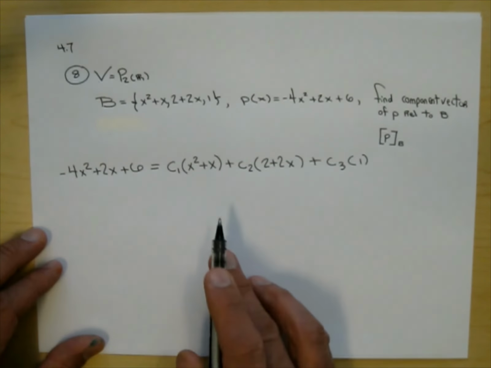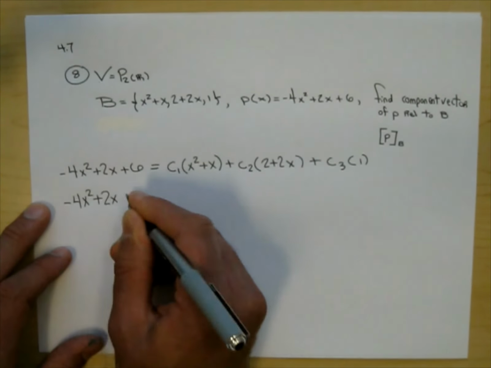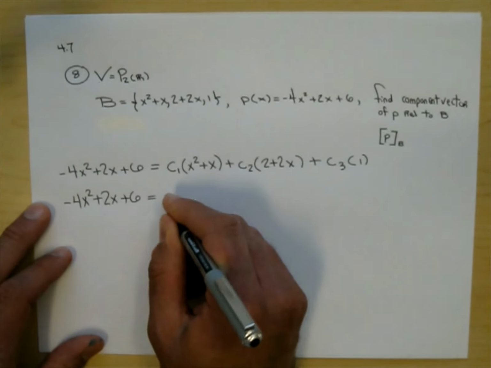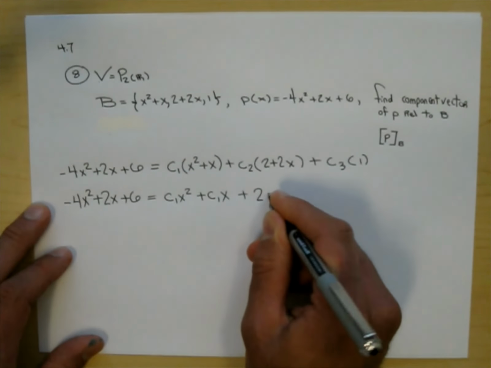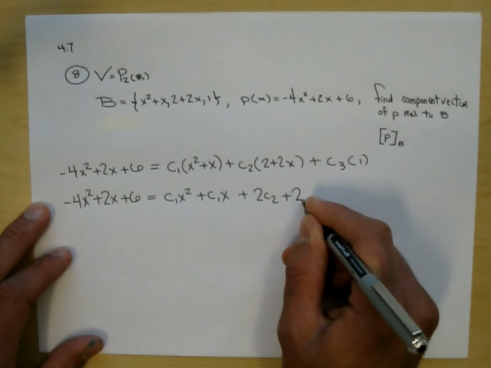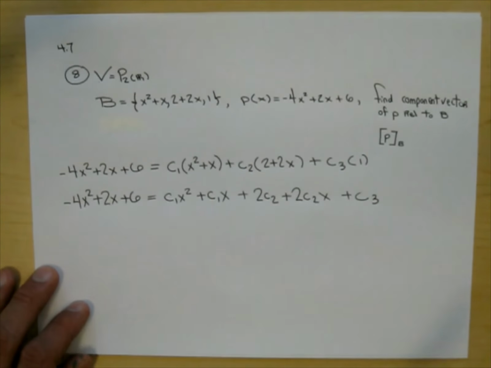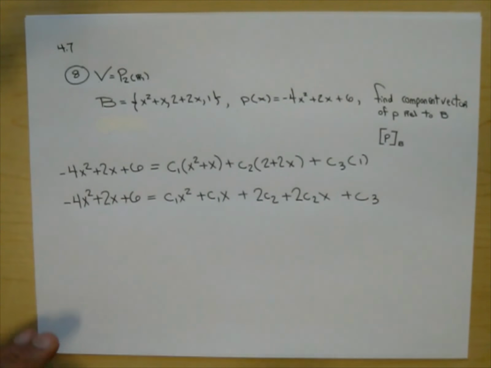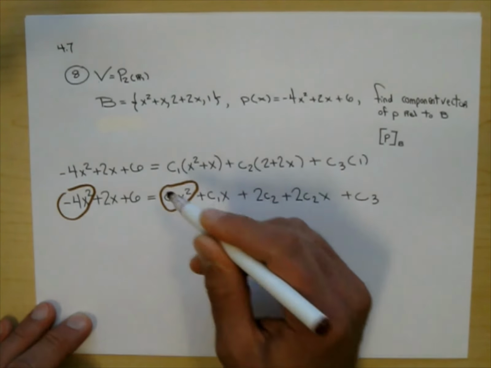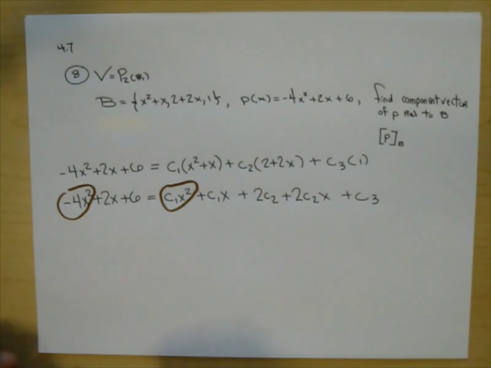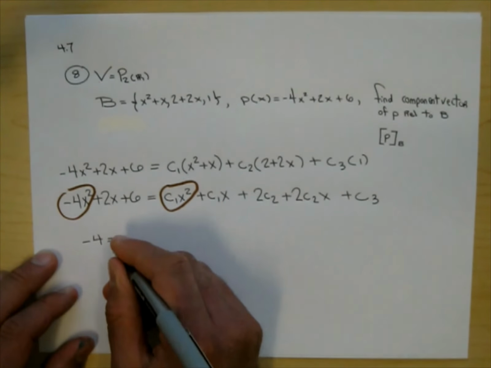Let's go ahead and distribute the Ci. So I have -4x squared plus 2x plus 6 equals C1x squared plus C1x plus 2C2 plus 2C2x plus C3. I'm going to go ahead and circle all my x squared terms. And it looks like I get -4 equals C1.